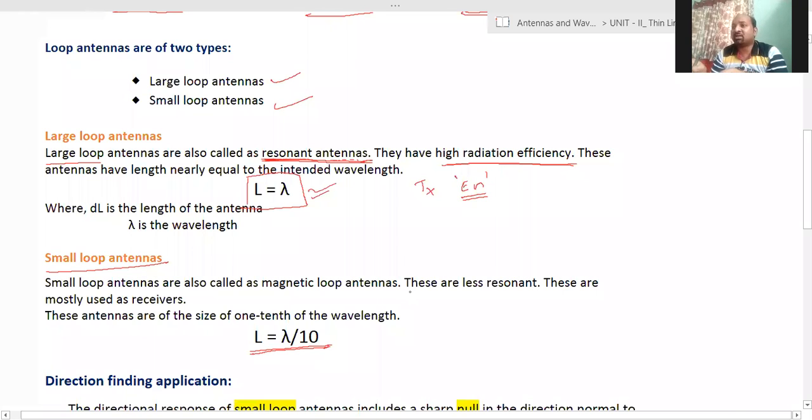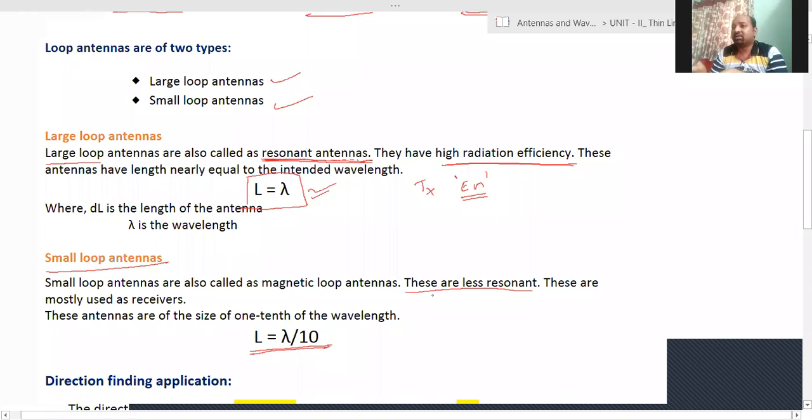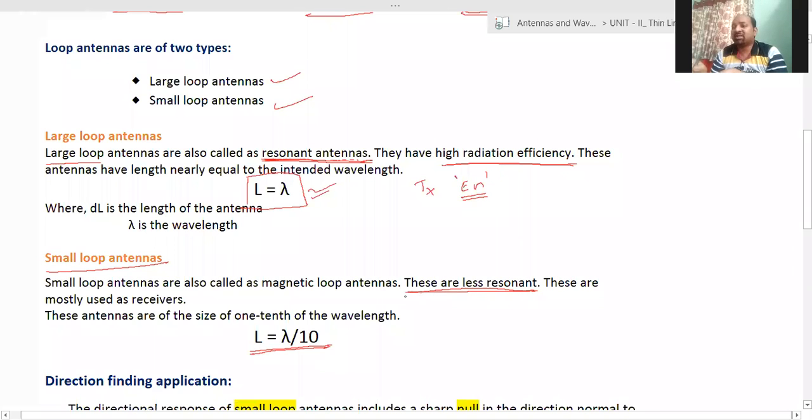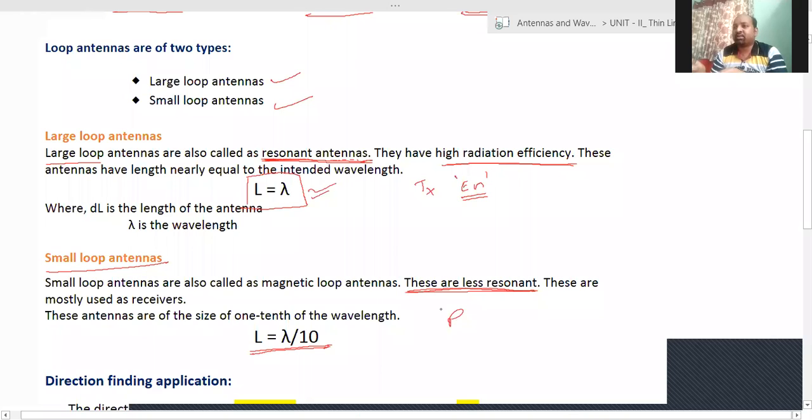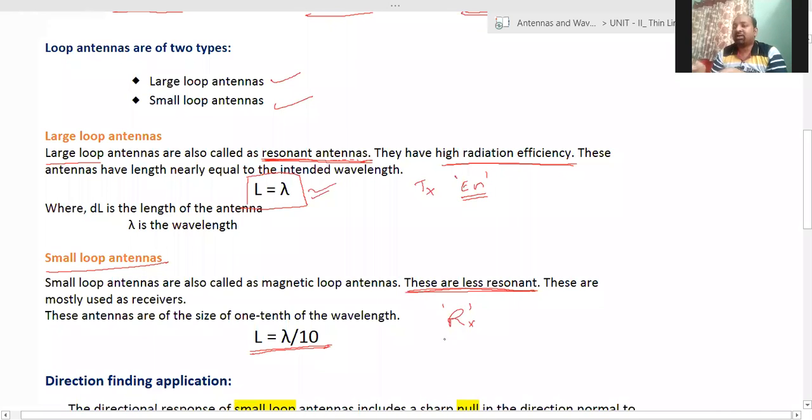These are less resonant, so they cannot be used as transmitting antennas, but can be used as receiving antennas. Small loop antennas are effective in receiving mode, and large loop antennas are effective in transmitting mode.